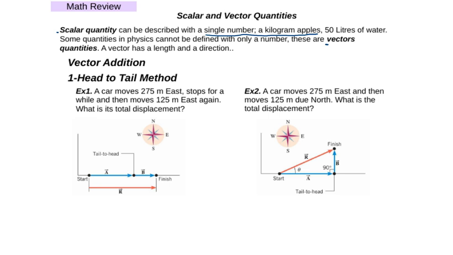For example, if I tell you I am driving at 60 miles per hour, you would have questions. Where are you going? Which direction are you driving? So this is an example of a vector quantity. Velocity is a vector.